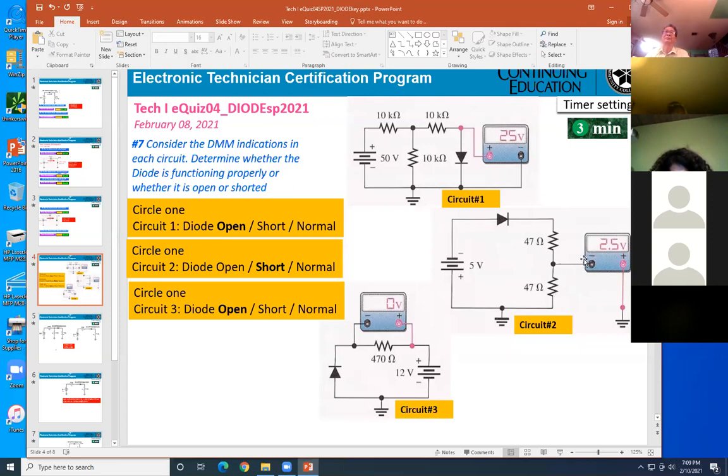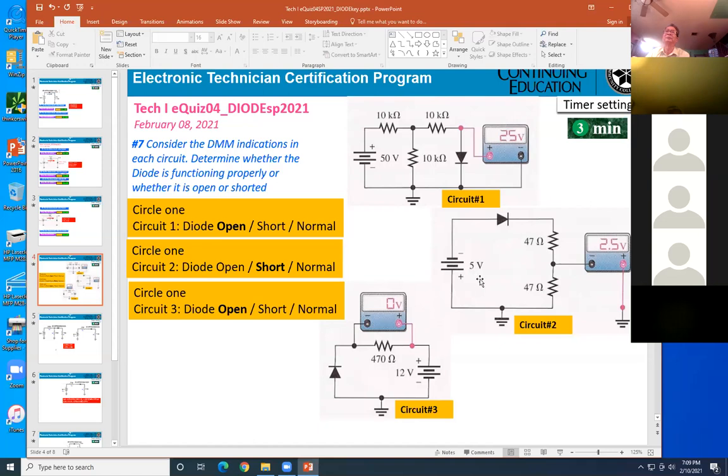Hey, Mr. Pham, real quick, the minus part of the 5-volt battery is on the anode. So wouldn't that mean the diode would be open? No, it's shorted. If the diode is open, you measure right here, you cannot get 2.5. They must be shorted. No, I think Joseph is right.